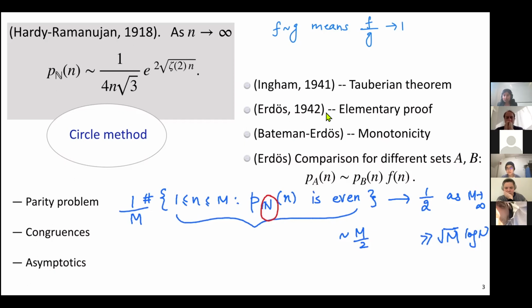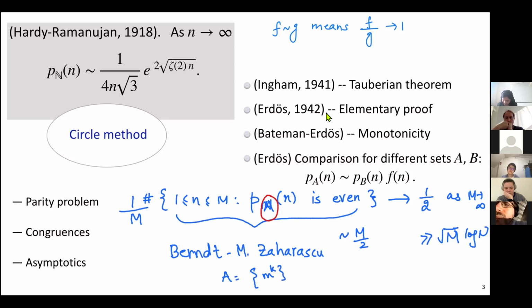If you change your set A, then the only result that I know was a result of mine with Bent and Zaharescu, where we showed that this is true when A is the set of powers, so let's say m to the power k, the kth powers.